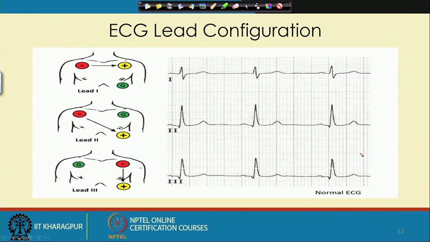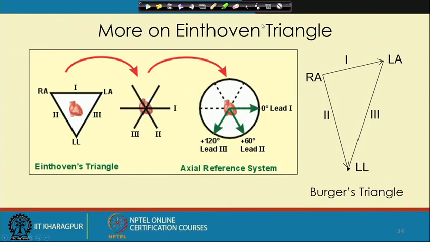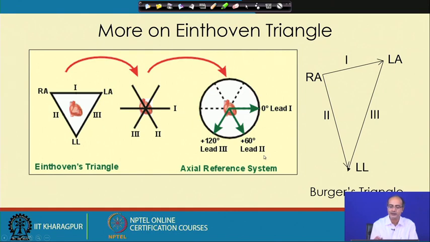And the initial idea was that this triangle would be an equilateral triangle. The Einthoven triangle was postulated as an equilateral triangle, all the three sides would be the same, because it is coming out of a rotating electric field, and each one of them is making say 120 degree angle with the 0 axis.